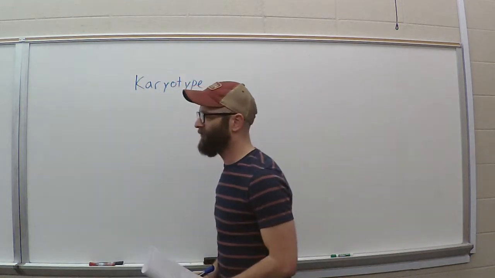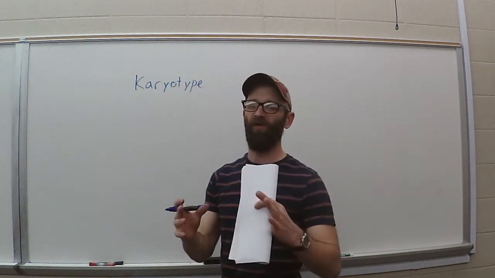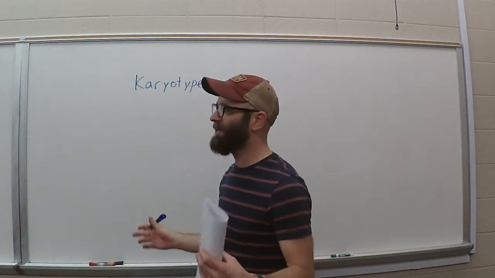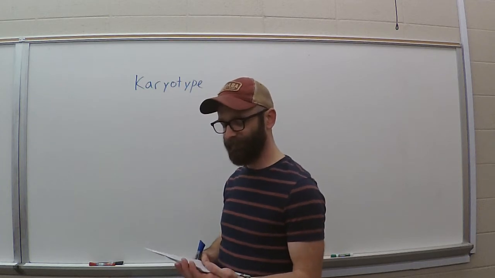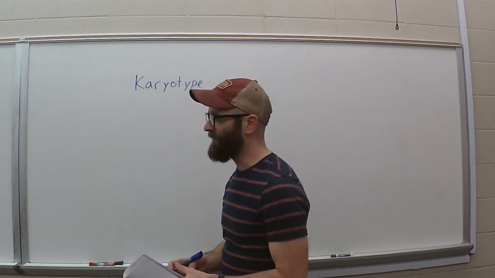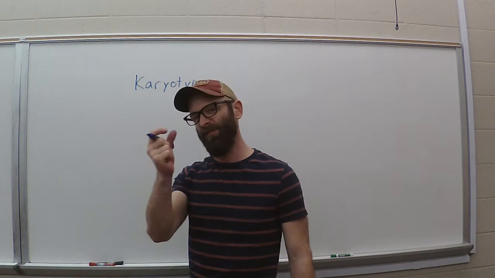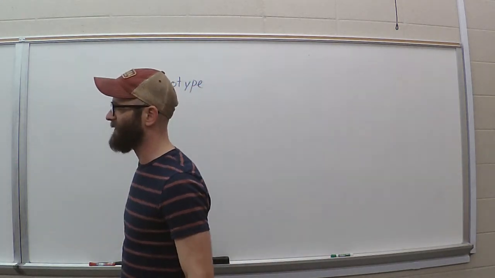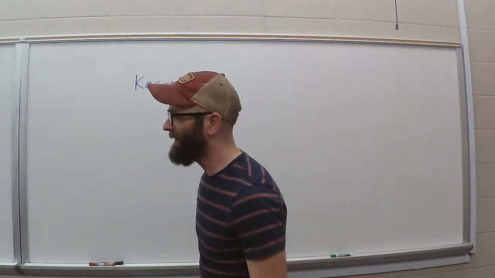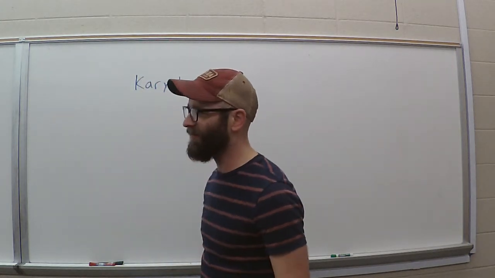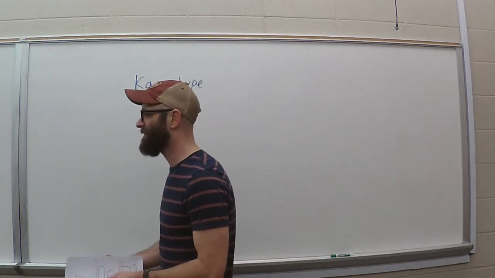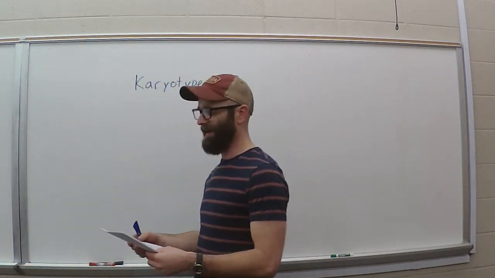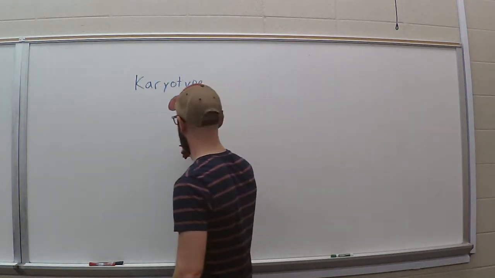It's just a visualization of all the chromosome pairs in a eukaryotic cell. And so you can visualize the number of chromosomes, and you can see how they pair up. This particular karyotype that you're looking at is of a human female cell. And so you can see that there are 23 pairs of chromosomes.